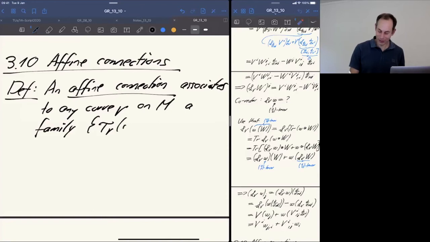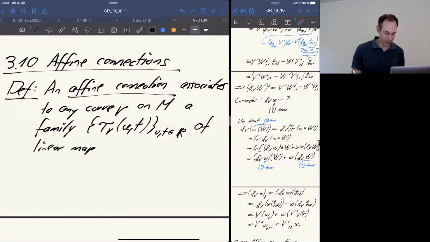It's really a complicated object. For each curve, it's still a family of maps, and the family has two real parameters, which I call U and T. And each member of the family is itself a linear map.